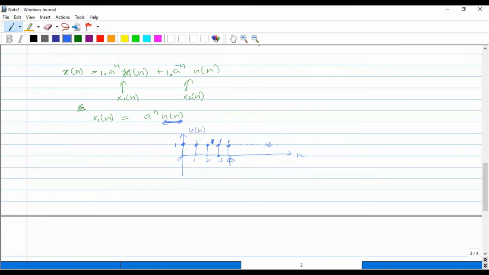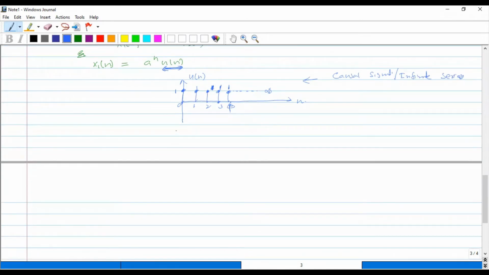You can see that this is a causal signal because we have only plus-sided values, and it is also an infinite sequence, an infinite series.